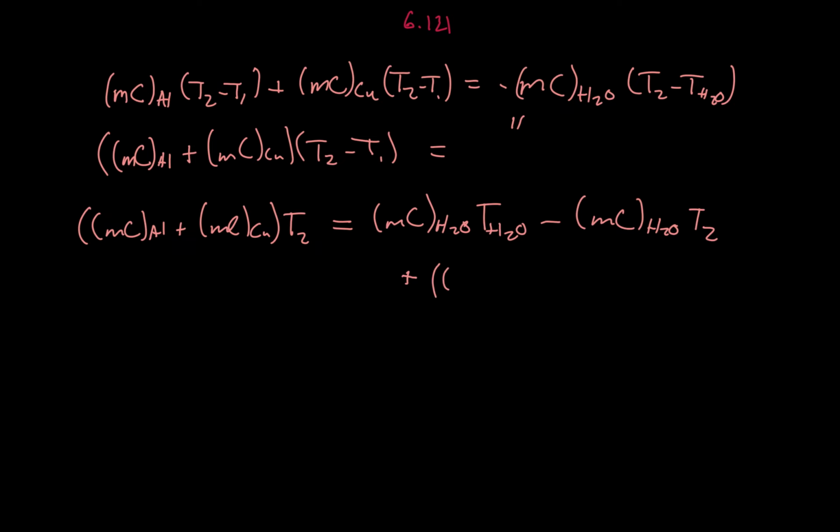That is mass and capacity of aluminum plus mass and capacity of copper times the T1 over there. Now we're going to shuffle the T2 water term over here, which is going to be a third figure added.